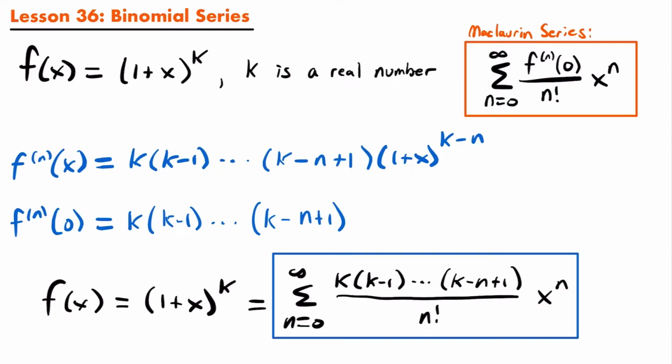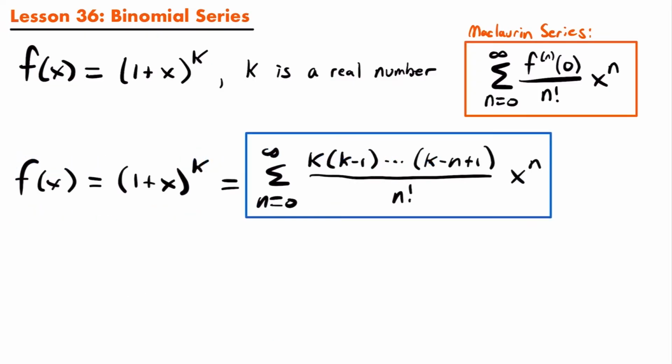Okay, and so now that we found the binomial series, let's take a look at what some of the terms of this series would look like. So if I clean up my work here, let's start by writing our first term when n equals 0. Now remember, this is a Maclaurin series, so the first term of the series is just going to be f of 0. So we're not going to plug 0 as our value of n into this expression.